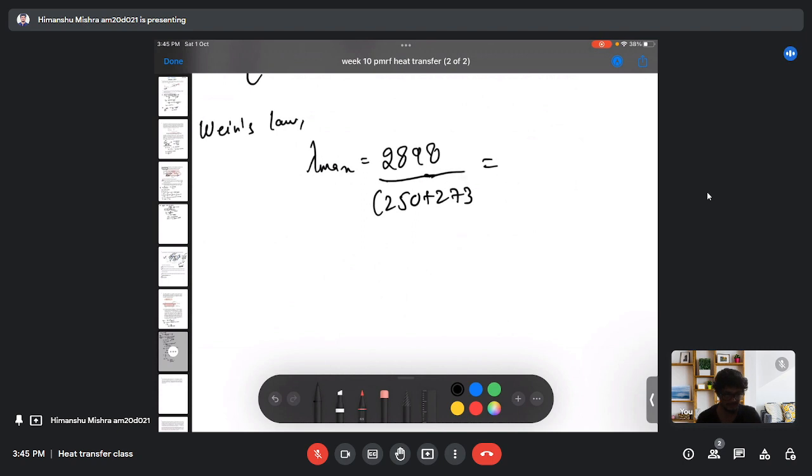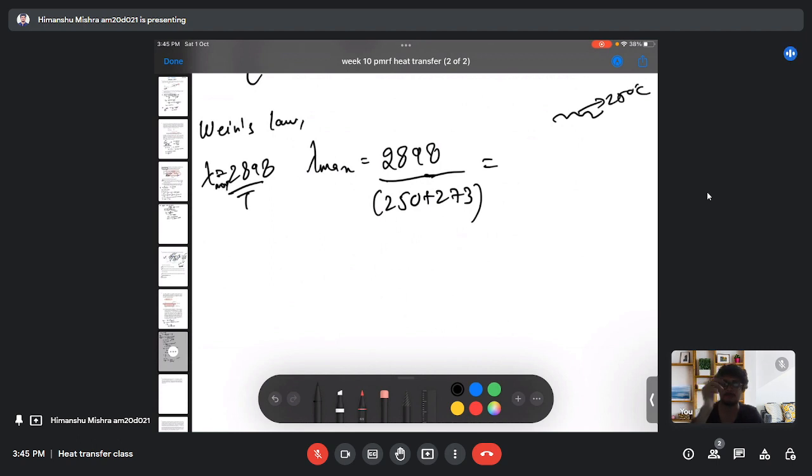So my system is given at the surface temperature of 250 degrees Celsius, and we know that if the surface has a temperature above 0 Kelvin, it will always emit some kind of radiation, and we have been asked the maximum radiation. So it will be given by Wien's law, which is actually this.